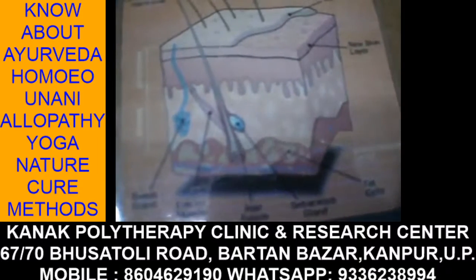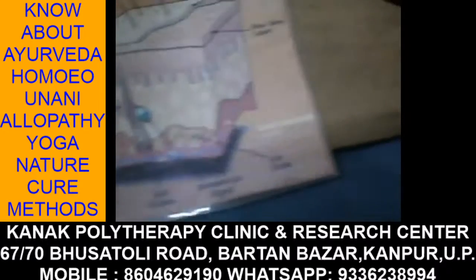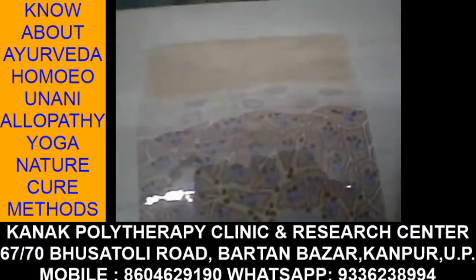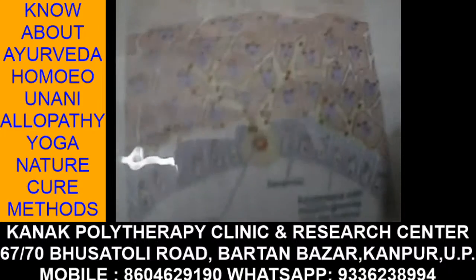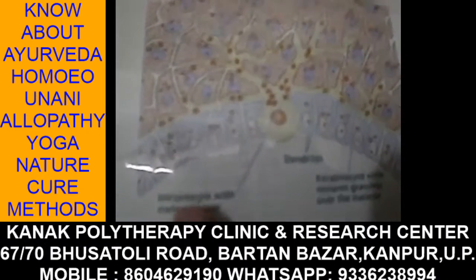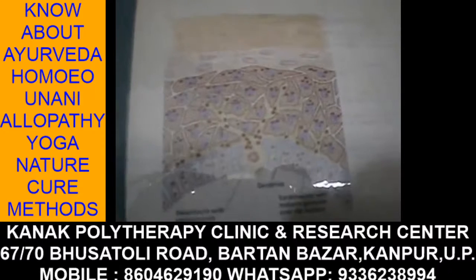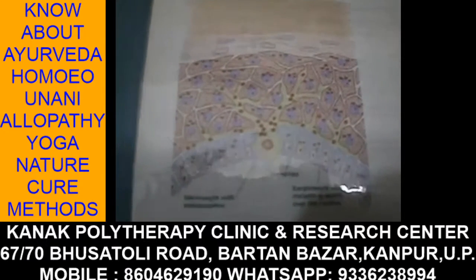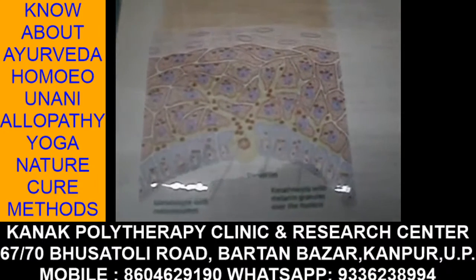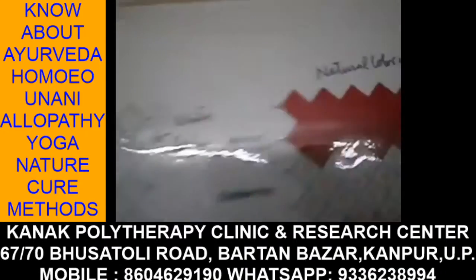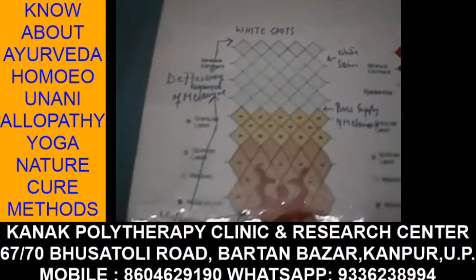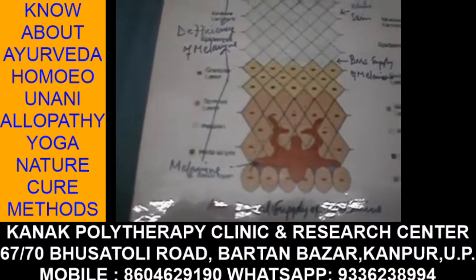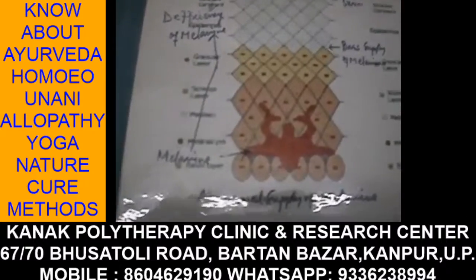And the lack of melanocytes. Now in this picture you will see here the melanocytes, how the melanocytes appear here, and in this also you can see how the lack of melanin creates the disorder.